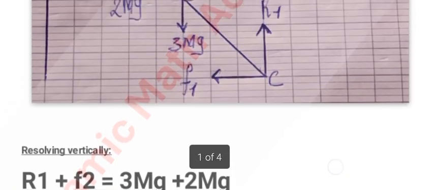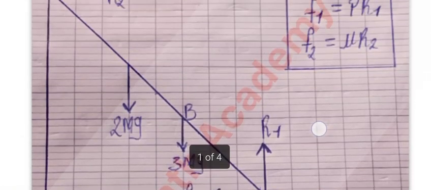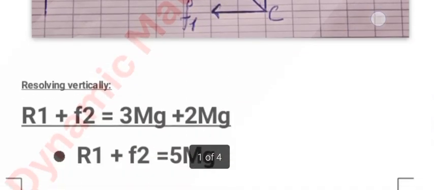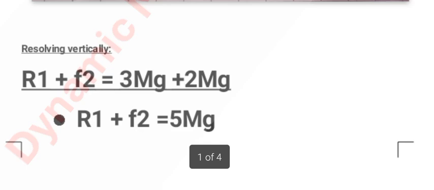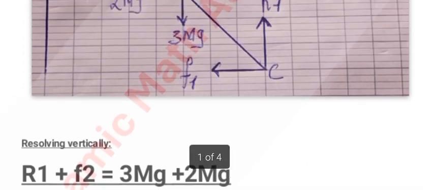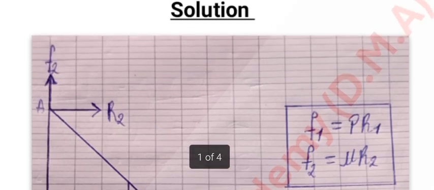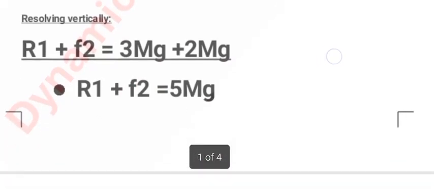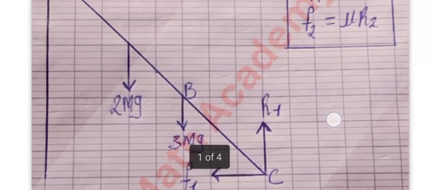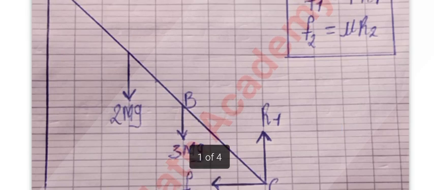Resolving vertically, you realize that you have R1, and forces that are going up balance with the ones going down, at equilibrium. The forces going up are R1 and F2. So that's why I wrote there that R1 plus F2 is equal to 3mg plus 2mg, because these two forces are going down.